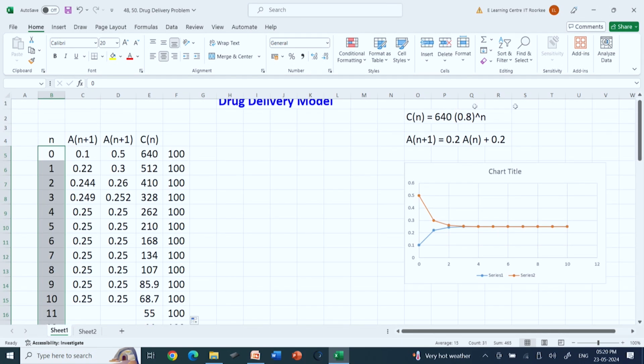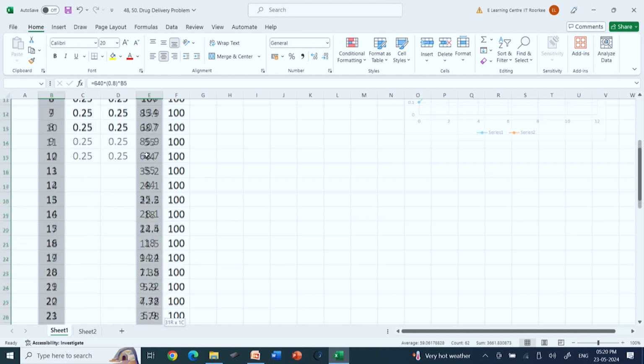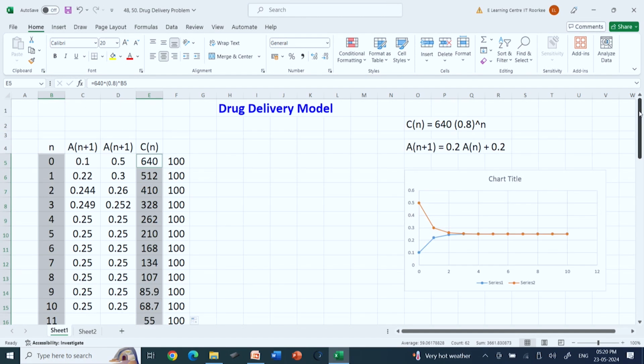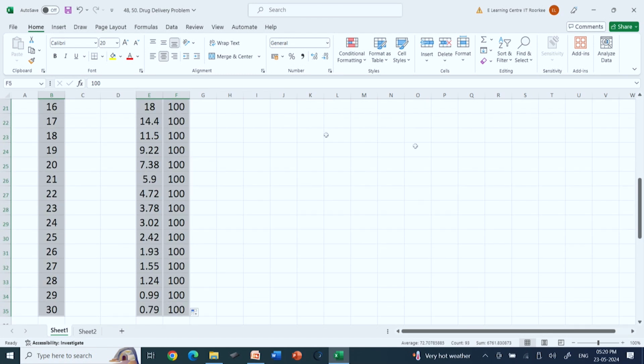Press control and shift and the down cursor, which highlights this column. Again press control, select this, press shift and the down cursor.